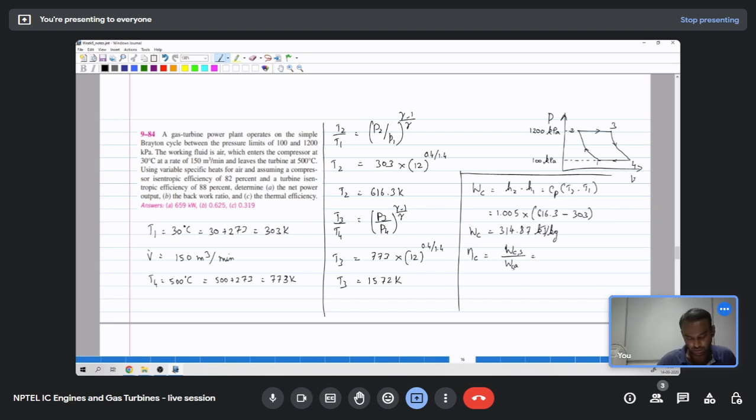So this is 0.8 equal to 314.87 divided by actual compression work. So actual compression work is 314.87 divided by 0.80, which is 383.99 kilojoule per kg.